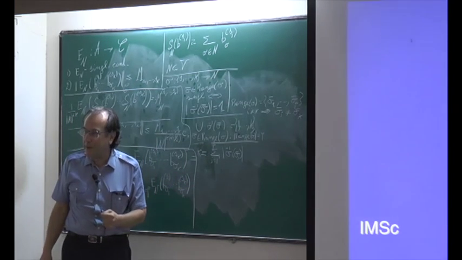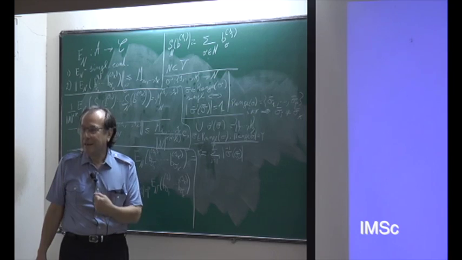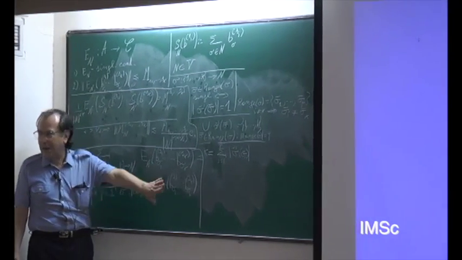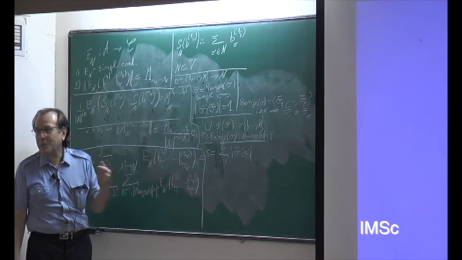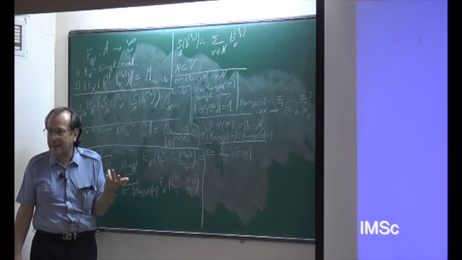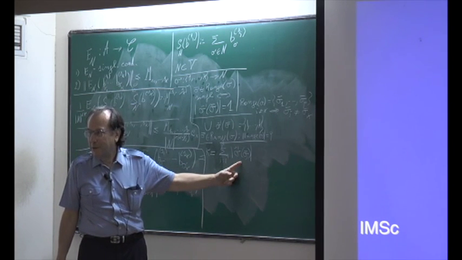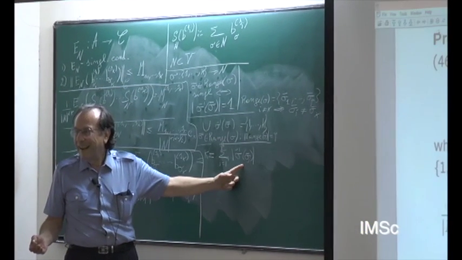Now I put my fundamental assumption on the singleton. The singleton gives 0 contribution, so I neglect it. If there are no singletons, what is the minimum cardinality of each of these sets of the partition? Huh?